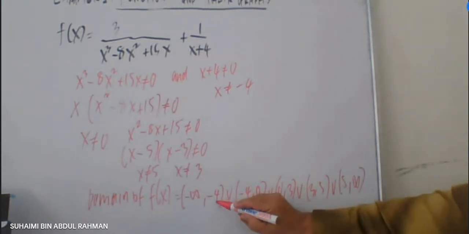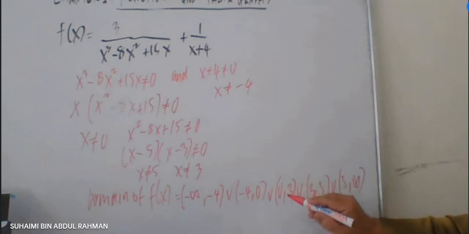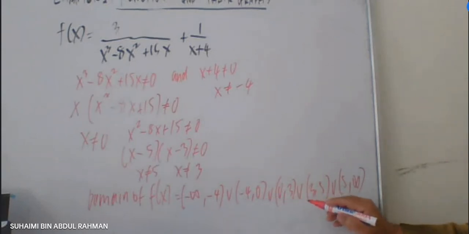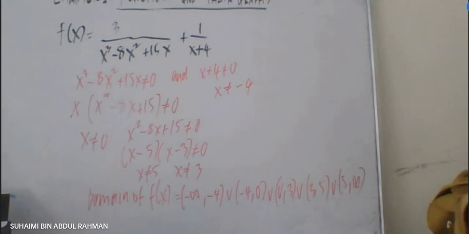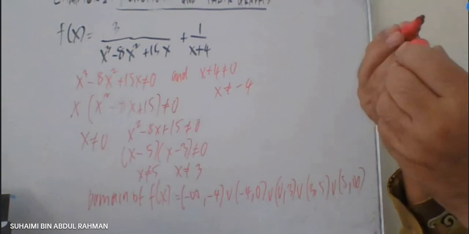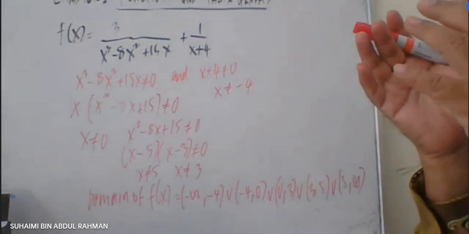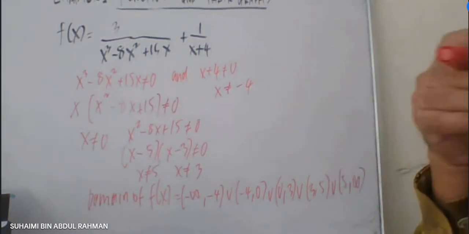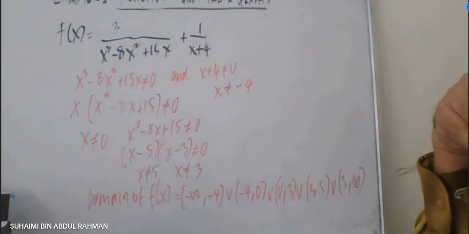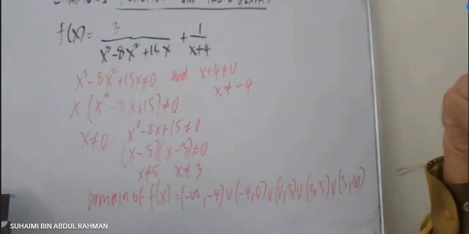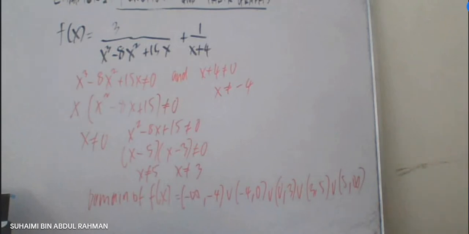Meaning that those numbers -4, 0, 3, 5 we have to exclude, because putting them in makes our function undefined. Right.